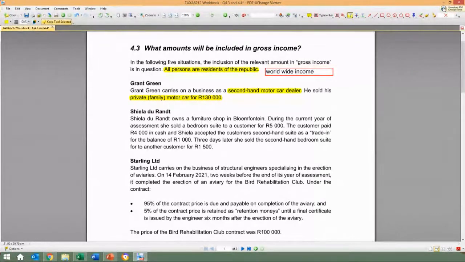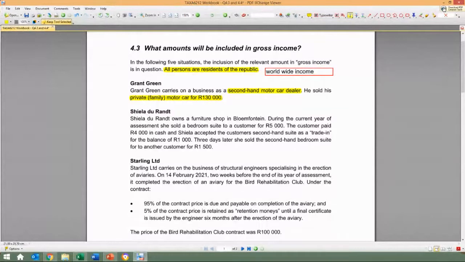They haven't given you a specific date, but you would assume it's in the year of assessment. Has the amount accrued to him or been received by him? If you sell it, it would generally accrue to you. And then, is it of a capital nature? So the question here is whether this car is actually of a capital nature, based on his type of business.